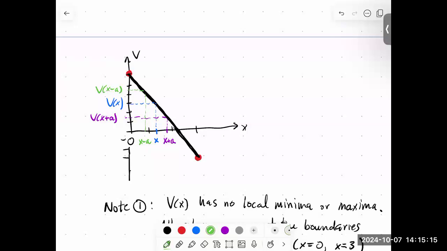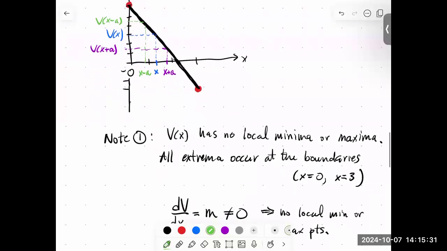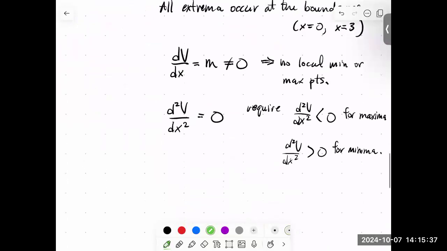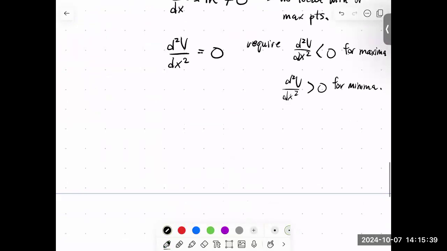And it doesn't matter how big or small a is, it's always going to be true as long as I stay between my two boundaries of where the solution is valid, between x equals 0 and 3. Okay, so that may not be that interesting, but let's write it down, okay? Because it's going to be another one of those properties that generalizes to higher dimensions. So note 2.